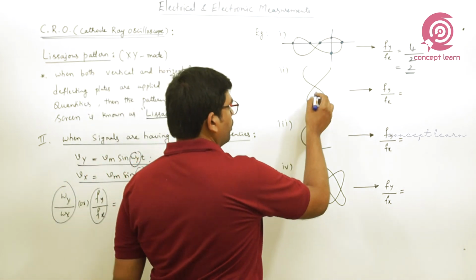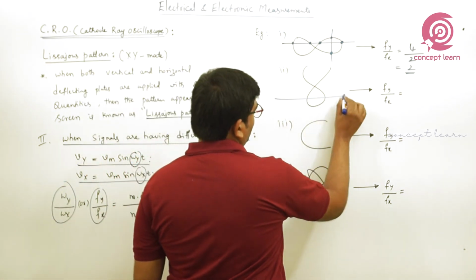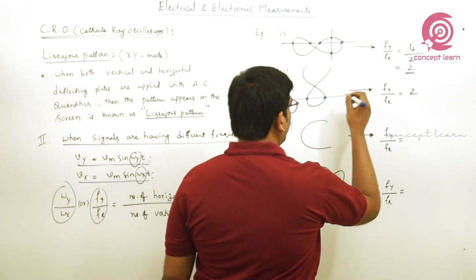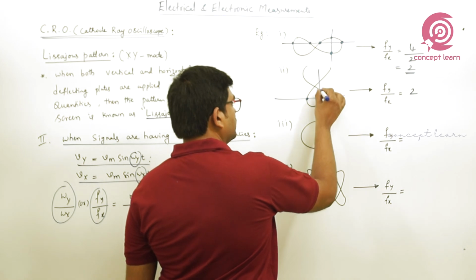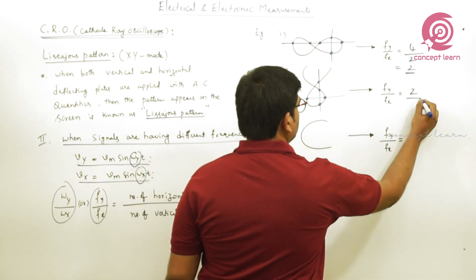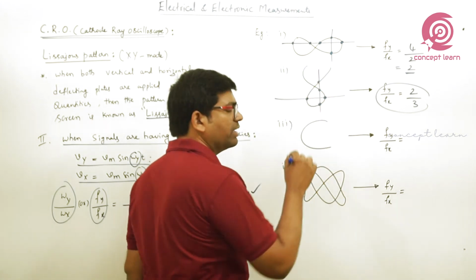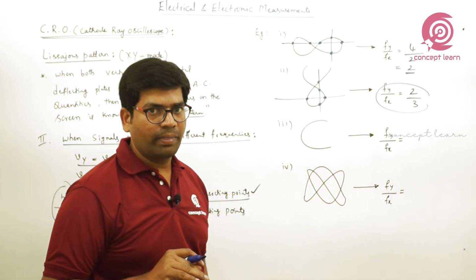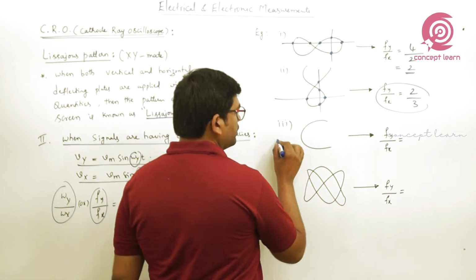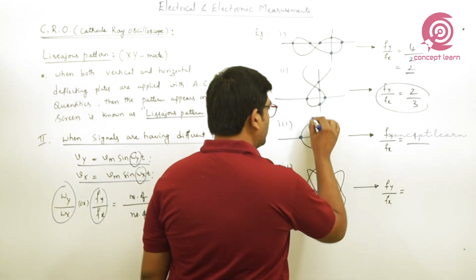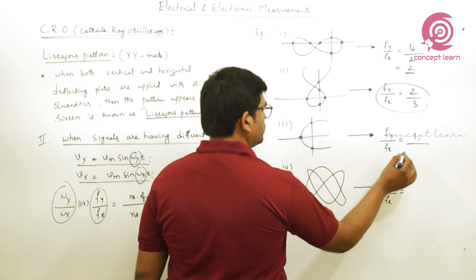And again, if you follow this, draw a horizontal line, count here 1, 2. Draw a vertical line 1, 2, 3, means 2 by 3. If this pattern is open, don't close it and take another one, keep it as it is. Okay, next, in similar fashion, horizontal intersecting point 1, vertical 1, 2.